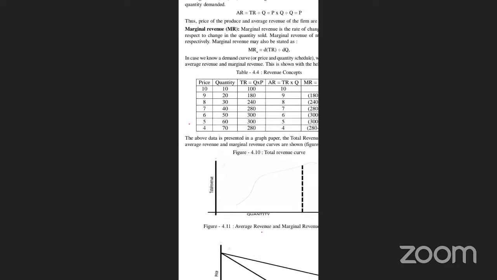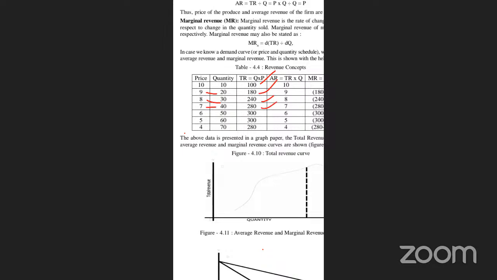Now see this table 4.4. Price is given and quantity is given. TR is calculated. Simply 10 into 10, 100. 9 into 20, 180. 3 8s are 24. 7 into 40, 280.